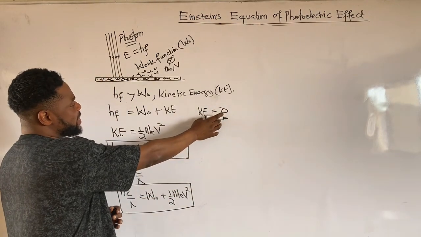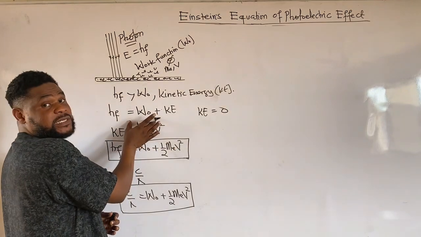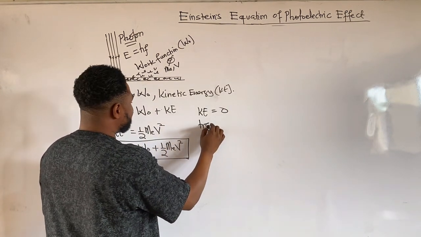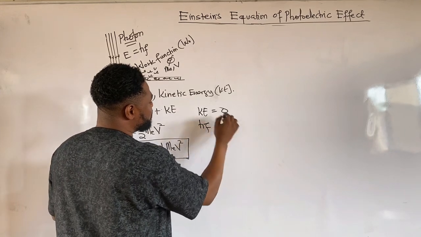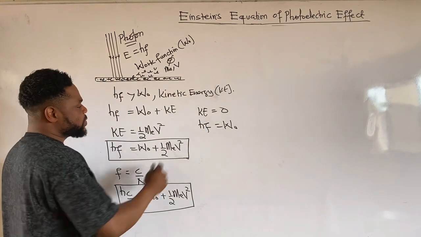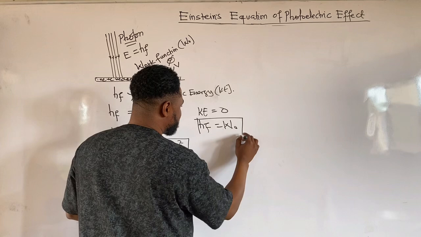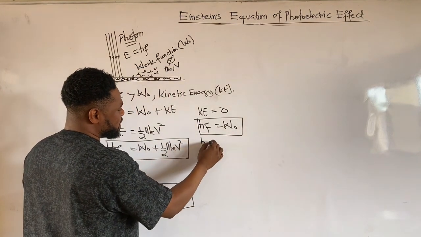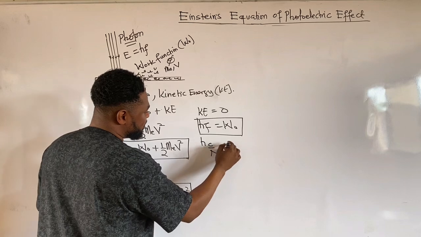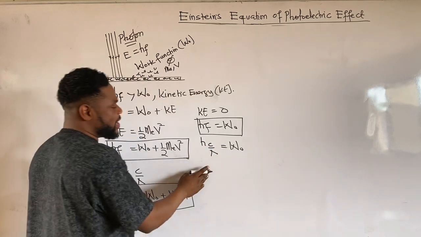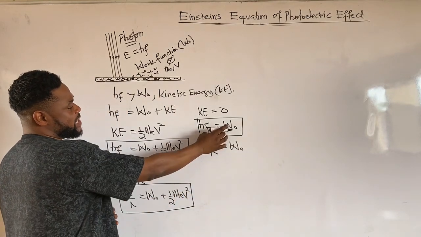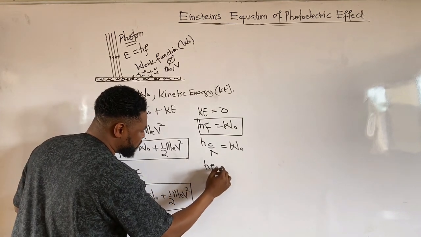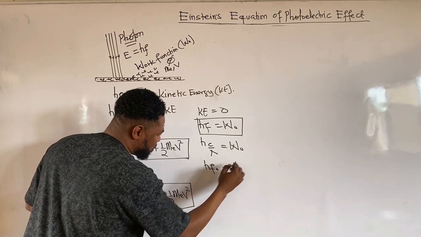Now, if kinetic energy is equal to 0, from this equation, we can have hf equal to W naught. So we can deduce another formula here: h f naught equal to W naught.